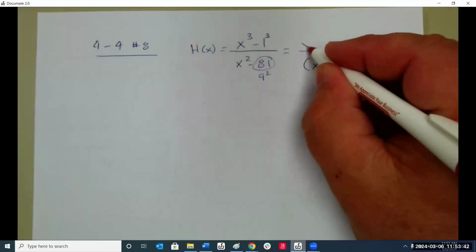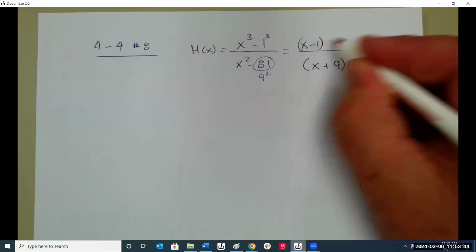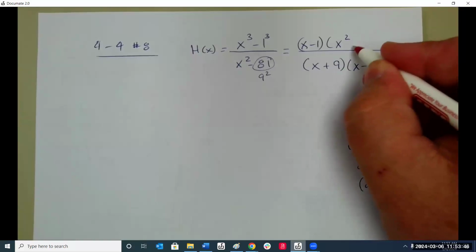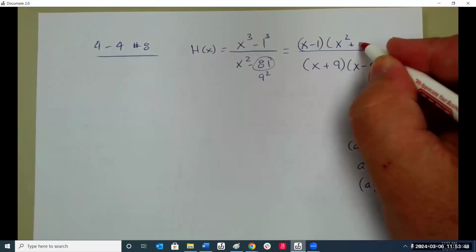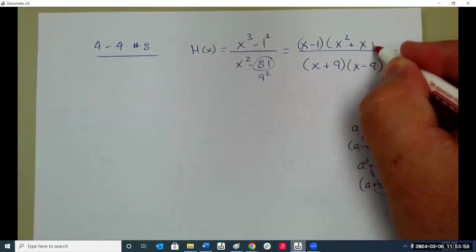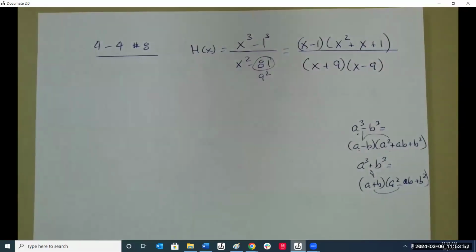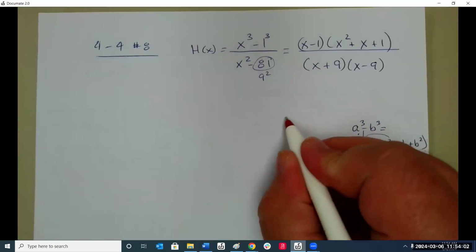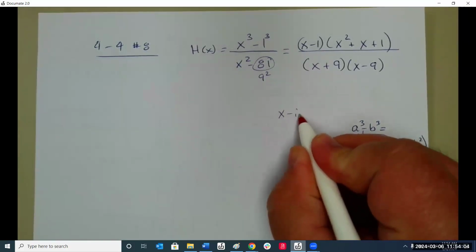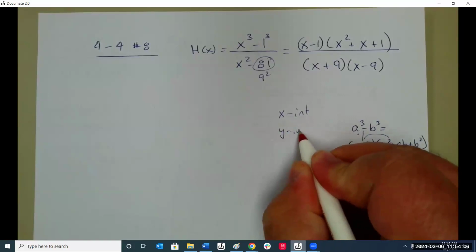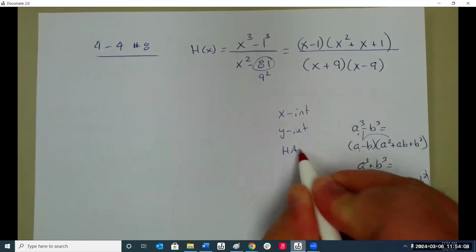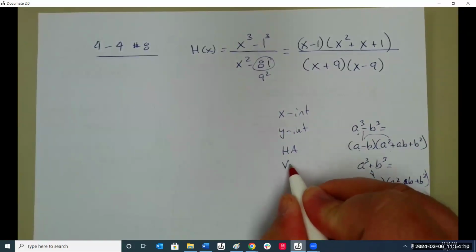So this one is x minus 1, x squared plus x plus 1. So we have the x-intercept, the y-intercept, the horizontal asymptote, and the vertical asymptote.